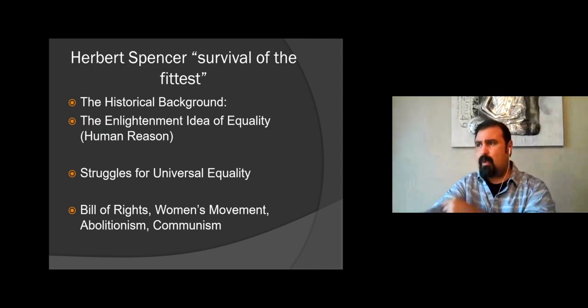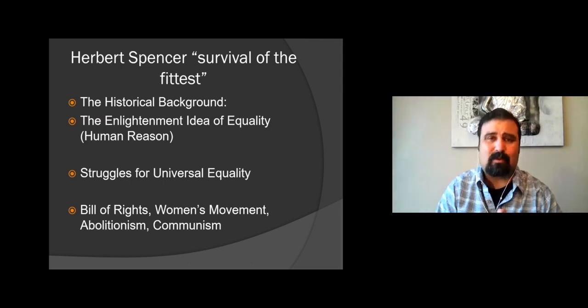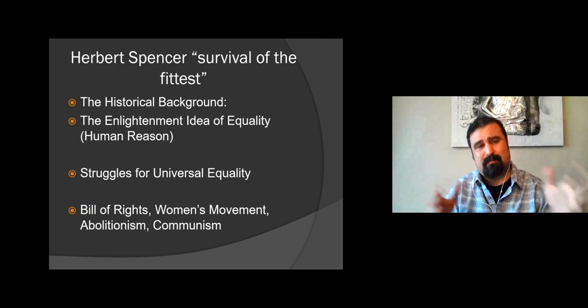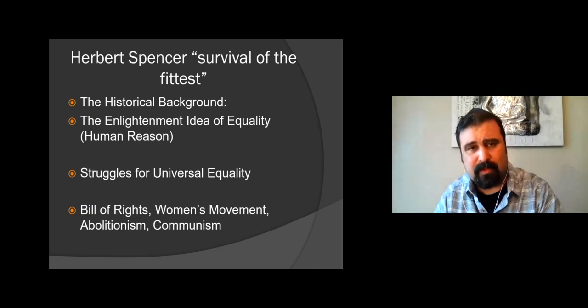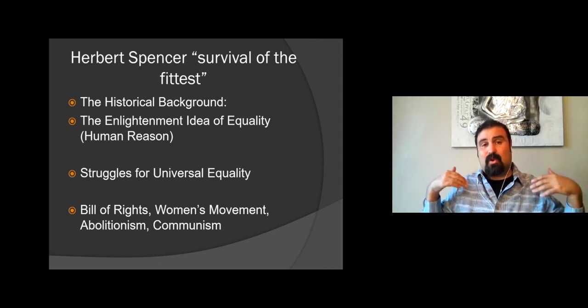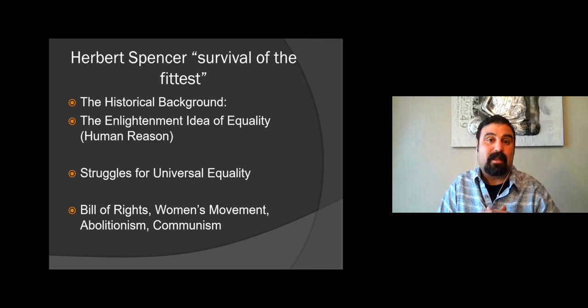So what this is going to do, particularly in the West, by which we mean Europe, for example, and the American continent, is inspire a series of struggles for universal equality.